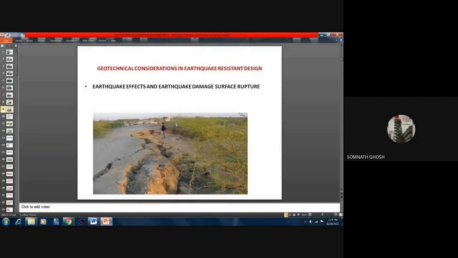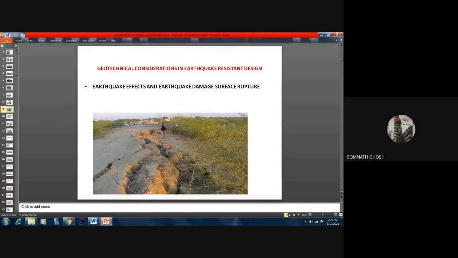You see, generally during earthquake, the ground surface ruptures. And nowadays through remote sensing, one can monitor this kind of rupture. And they can also give you an idea about the maximum displacement during earthquake.